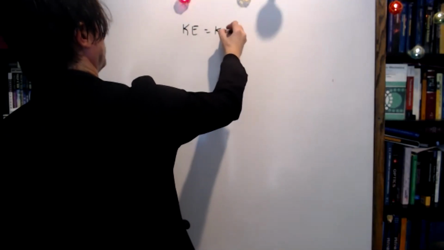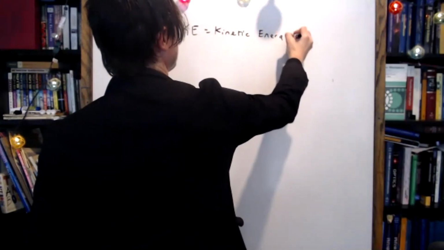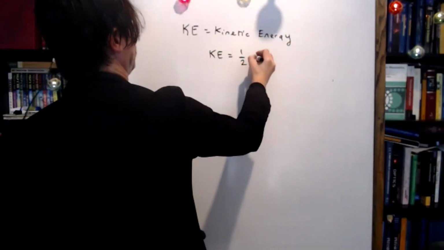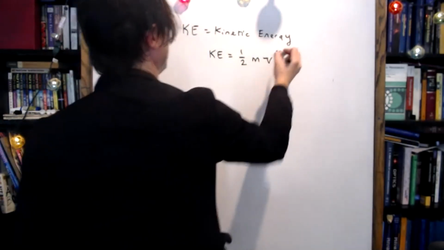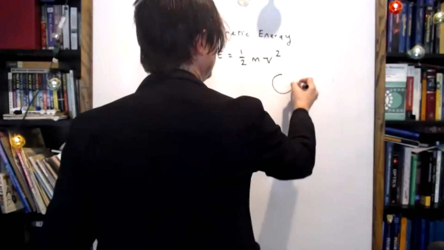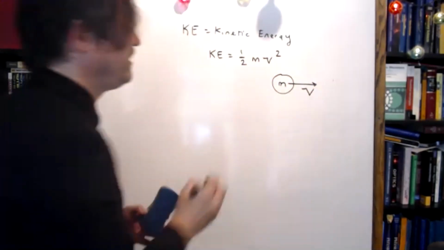KE stands for kinetic energy. The formula for kinetic energy is a classic: 1/2 mass times velocity squared, where the mass is the mass of your doodah, it could be a little BB, and V is the velocity of your doodah.